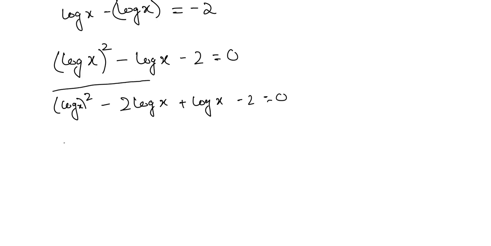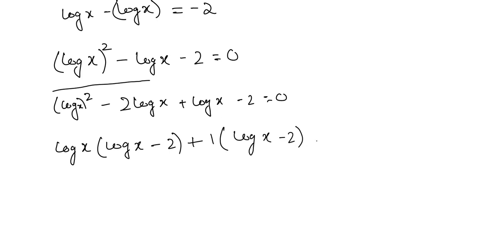By taking log x common here, we will have log x minus 2, and factorizing 1, we will be having log x minus 2 is equals to 0, and further taking common or factorizing, we will be having log x minus 2 times log x plus 1 is equals to 0.